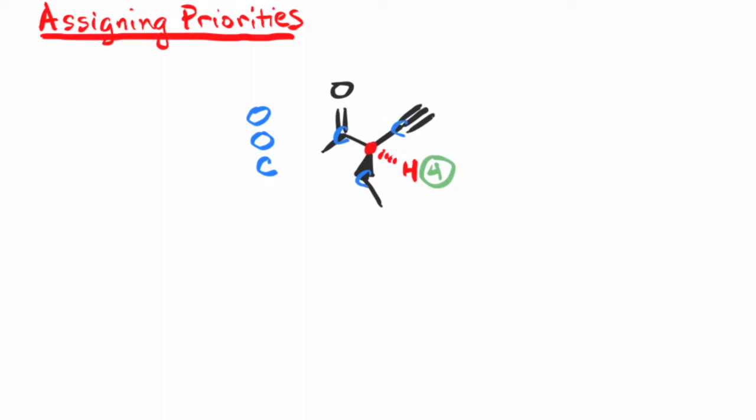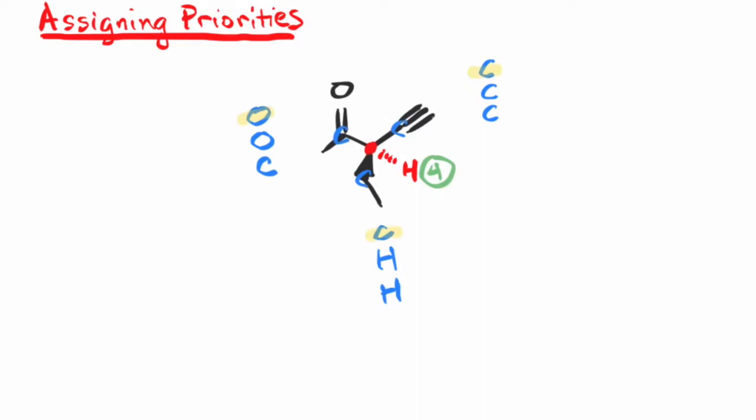Notice that that carbon is connected triply to another carbon, so we just list them out as carbon, carbon, carbon. And lastly, the carbon on the bottom is connected to a carbon and 2 hidden hydrogens. All right, so go ahead and just compare them. So the first point of comparison here, we have oxygen, carbon, and carbon. So oxygen already is the winner there.